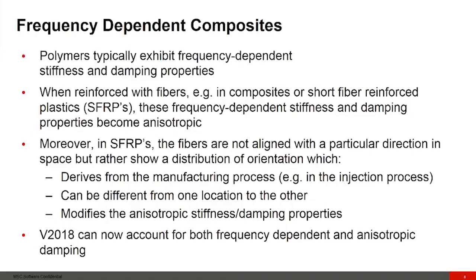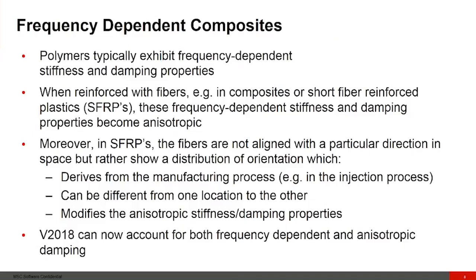In the older versions of MSC Nastran, the damping properties were proportional to, or dependent on, your stiffness matrix. In this new version of MSC Nastran, we've removed that restriction.